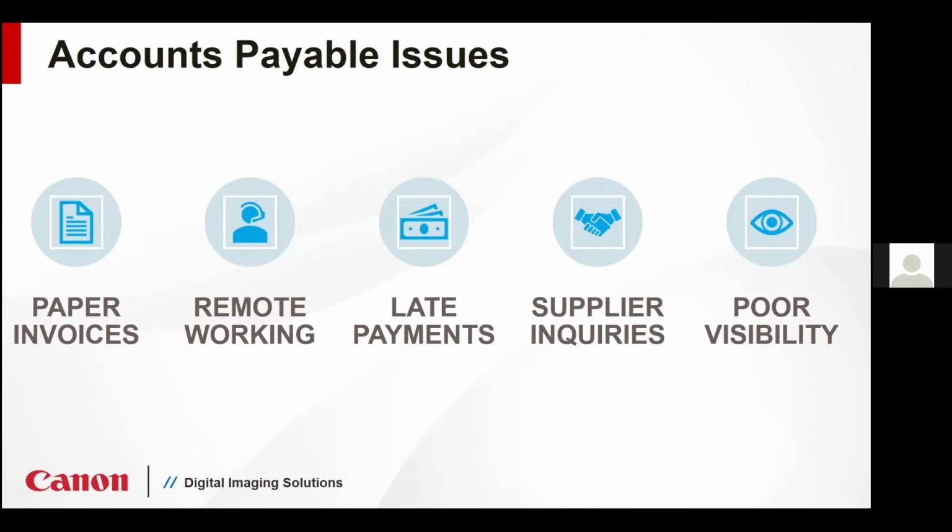Since you may be late in making payments to your suppliers because of the lack of automation, the suppliers will be calling, texting, emailing, or using whatever method that works for them to contact you, their customer, to inquire about payment of their invoice. If they can't reach you, they may go up the chain of command with their inquiries, creating another potential headache for AP. And last but not least, poor visibility.